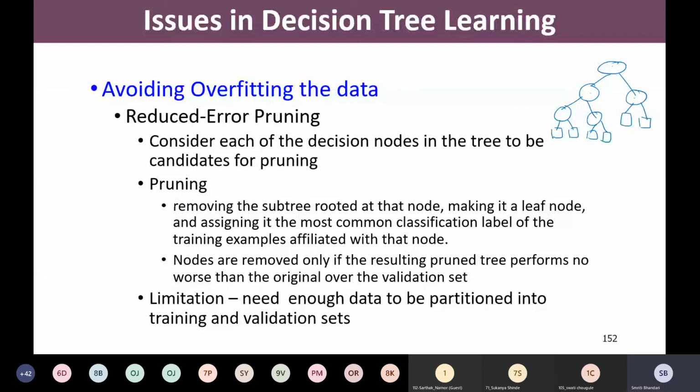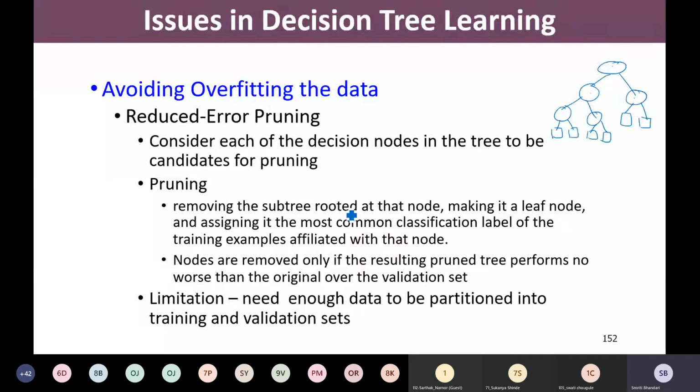So if I have this complete decision tree, in pruning, if possible, I am going to remove a few of the nodes from this decision tree. In pruning, we remove the subtree rooted at a particular node and make it a leaf node.